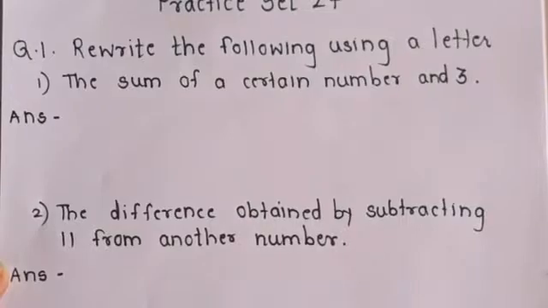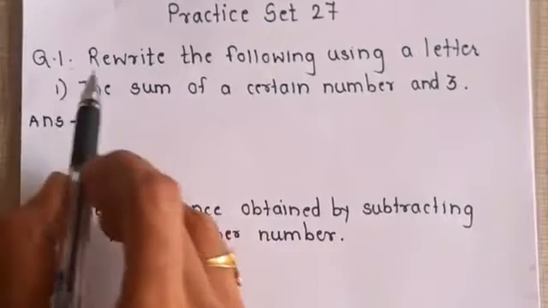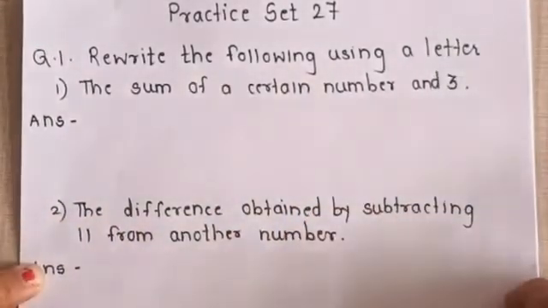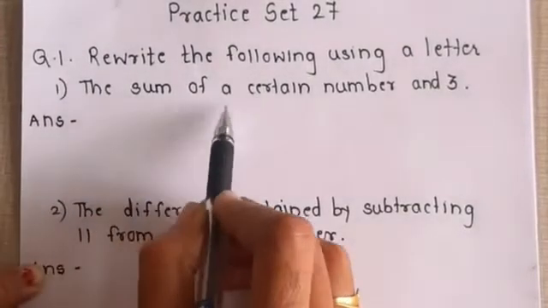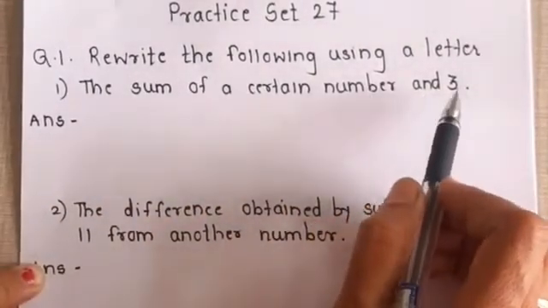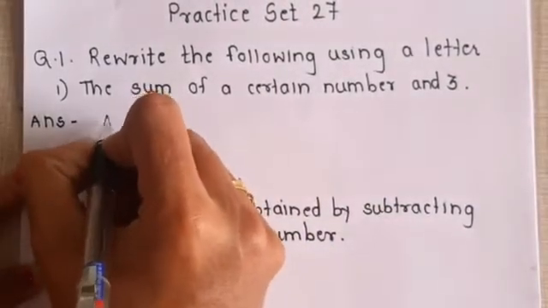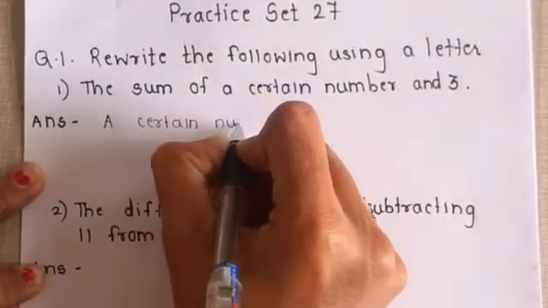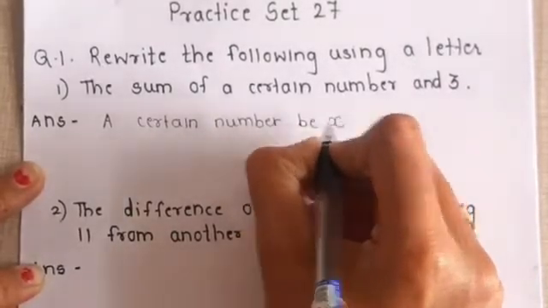What is given in the first question? Rewrite the following using a letter. In the last video we have seen the properties. So the first one is the sum of a certain number and 3. How will we write it? Let a certain number be x.